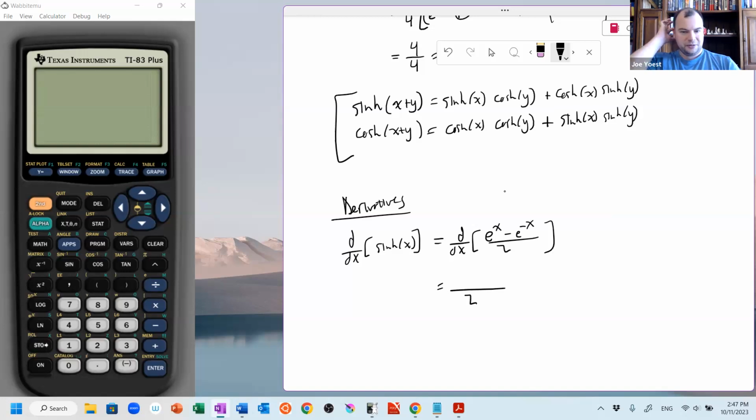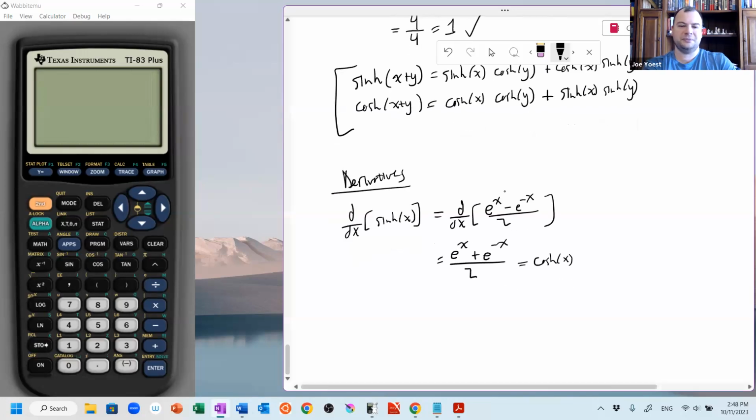Well, this is clearly the 1/2 comes out, the e to the x differentiates to e to the x, e to the minus x differentiates to negative e to the negative x. So I get a plus e to the negative x. This is cosh of x. And what's the derivative of cosh of x?